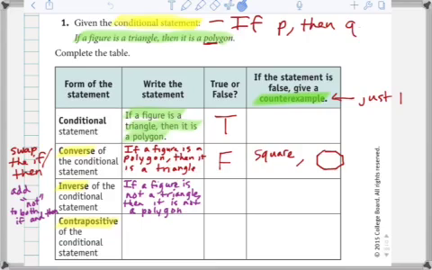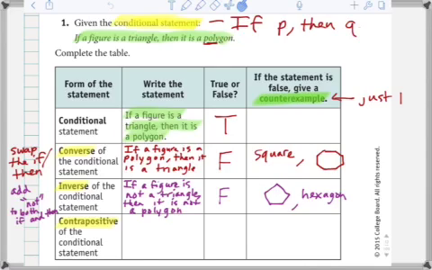If I pick a pentagon, for instance, a pentagon is a polygon that's not a triangle, so this one is also false. The counterexamples from the last one work as well. Let's draw a pentagon. It could be a hexagon, and you can write them if you want. The idea is that there are lots of counterexamples.